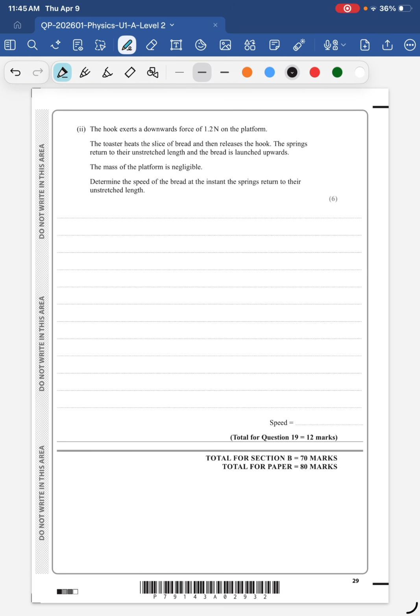Okay, let me think. Now, the force we exert plus the weight of the bread is equal to 4k for the 4 springs times the new extension.